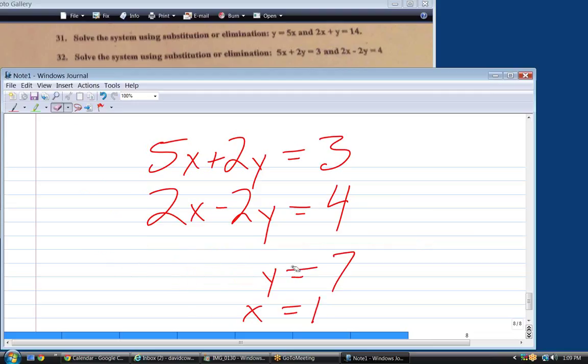Which equation do you put it into? You could put it into the bottom one. I think that's the easier one, so tell me what to write to solve for y. You could do 2 minus, hold on, what am I going to write in place of x? 1 minus 2y equals 4. Okay, now solve that.